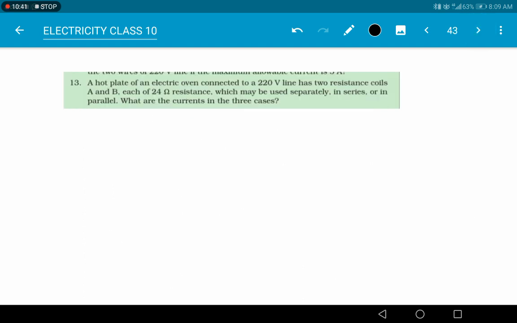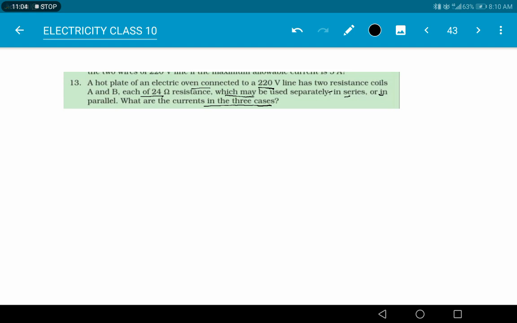Next, a hot plate of an electric oven connected to a 220 volt line has two resistance coils A and B, each of 24 ohm resistance, which may be used separately, in series or in parallel. What are the currents in the three cases?